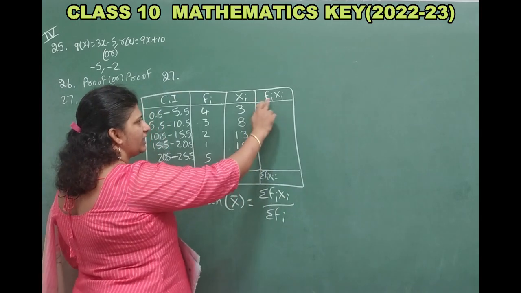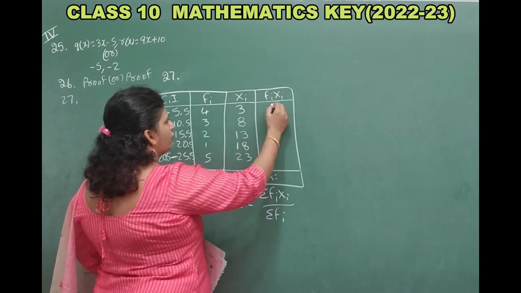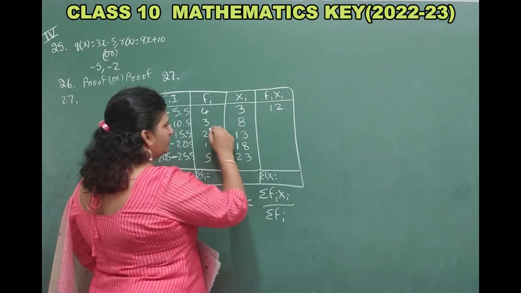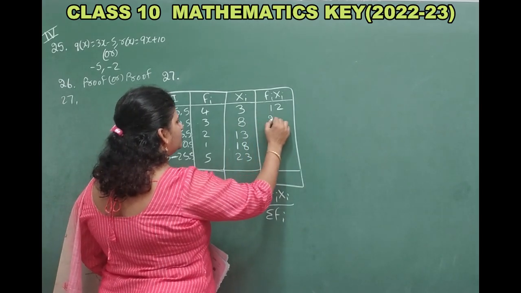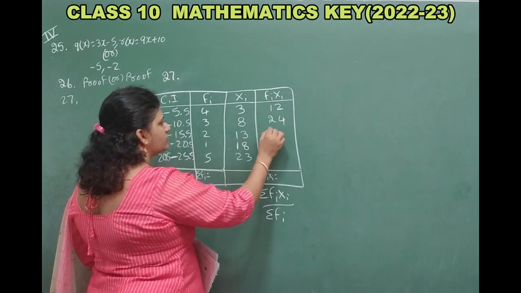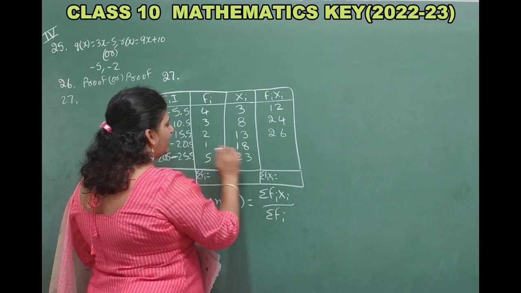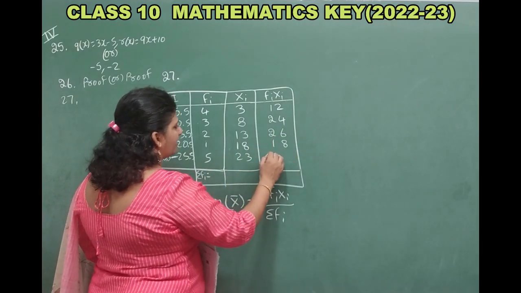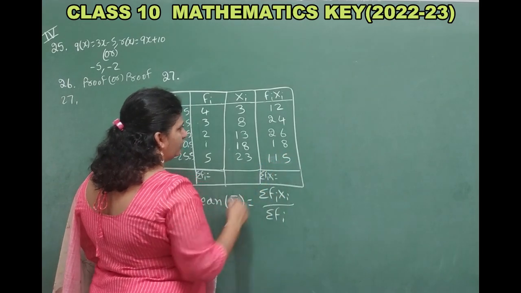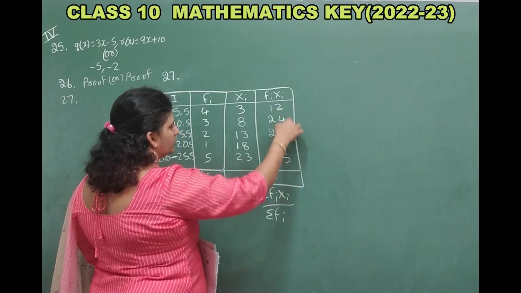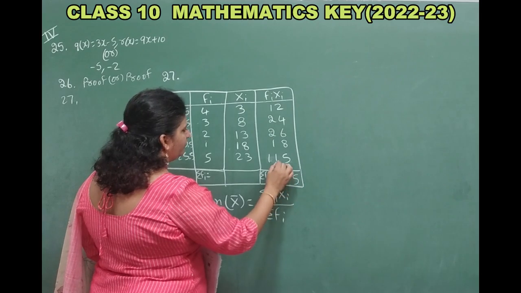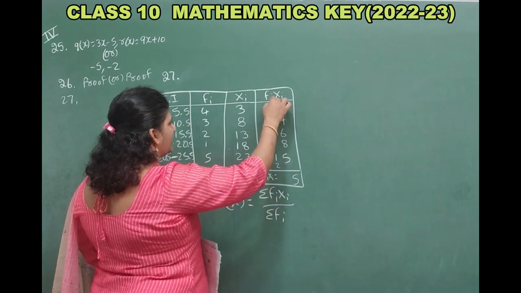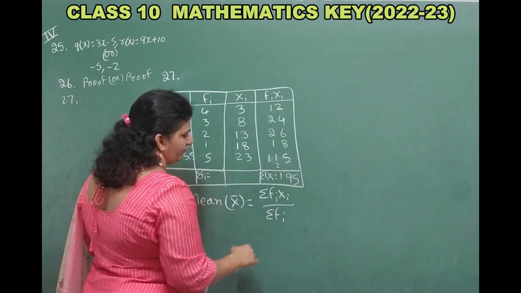Okay, how do we get Fi Xi? Multiply. 4 3s are 12. Then again 8 3s are 24. 13 2s are 26. 18 1s are 18. 23 5s are 115. Now add all this. That is 195.